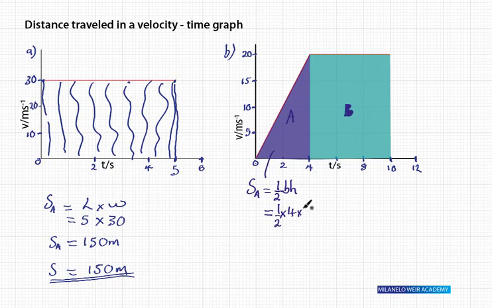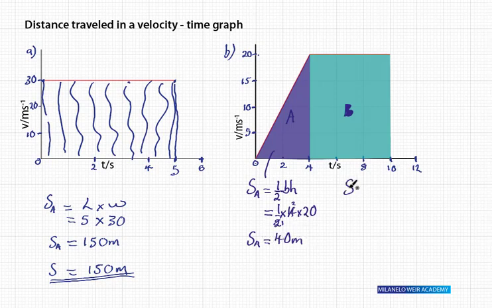Then height is from here to here, which is 20. Half times 4, we can just divide here by 2 and here by 2 to get 2. So it's 2 times 20, which is 40 meters. Area due to the triangle is 40 meters.